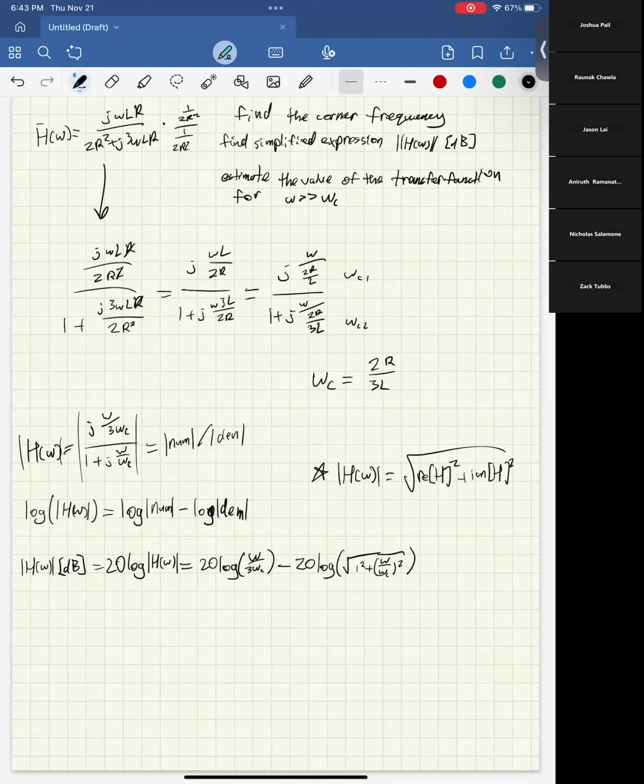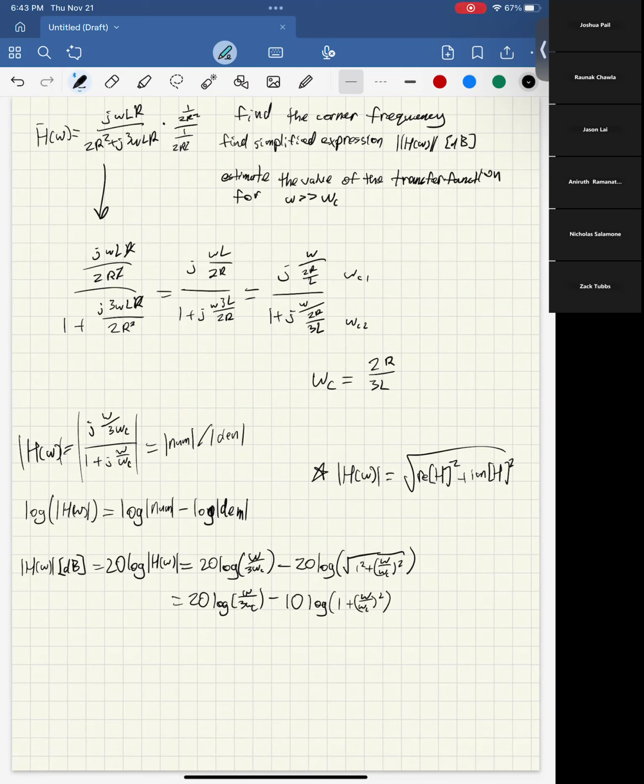And then you can separate that out, or do a few more log rules to this. So this would become 20 log omega over 3 omega c minus 10, because this is to the power of 0.5, you can factor that out and multiply the coefficient by it. So 10 log of 1 plus omega over omega c squared.